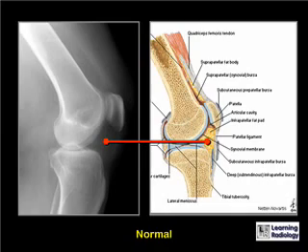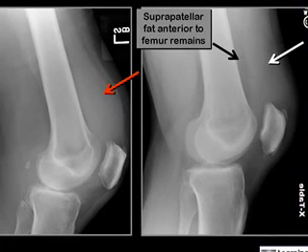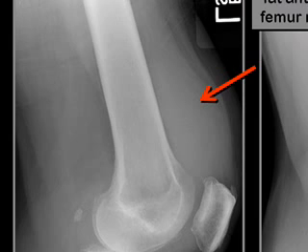This is an example of a suprapatellar effusion. You can see there is a large oval-shaped soft tissue density just above the patella. The top of the patella is tilted forward, and there's actually some infiltration of the infrapatellar fat. This slide demonstrates the difference in appearance between a suprapatellar effusion and a rupture of the quadriceps tendon.